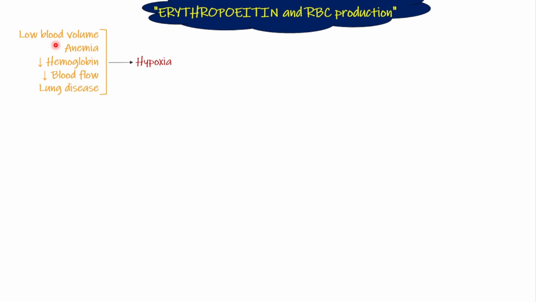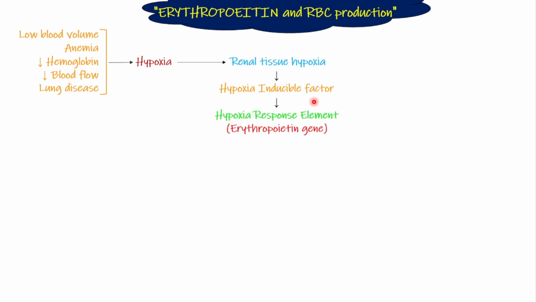Now, what is hypoxia going to do? If there is hypoxia, then renal tissues will also face that hypoxia. Whenever the renal tissues are hypoxic, they will produce hypoxia-inducible factor. And that hypoxia-inducible factor will go and attach to the erythropoietin gene. To be specific, hypoxia-inducible factor is attached to the hypoxia response element on the erythropoietin gene.